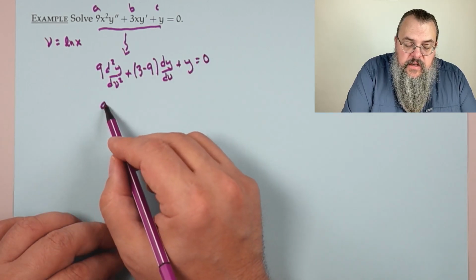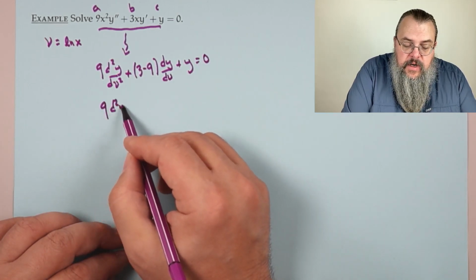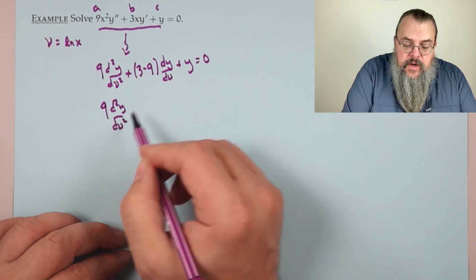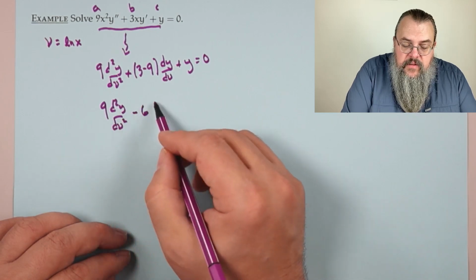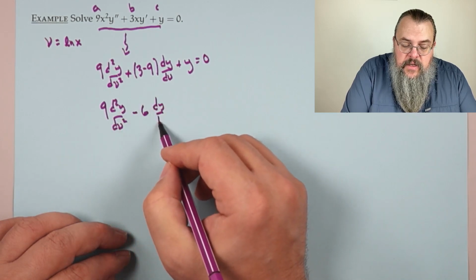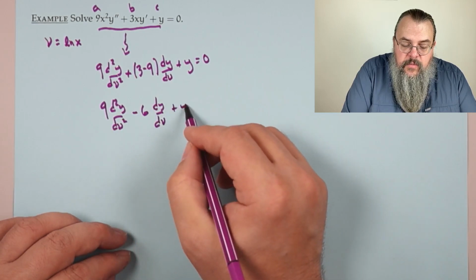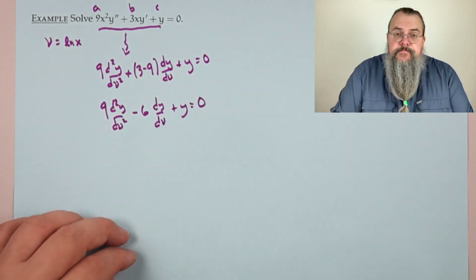Or, if you like, 9 d squared y d nu squared minus 6 dy d nu plus y equals 0.